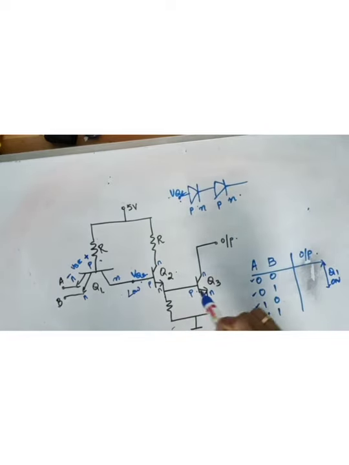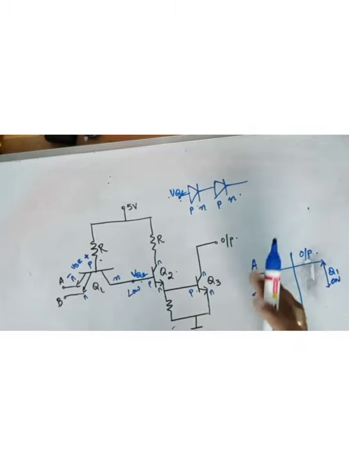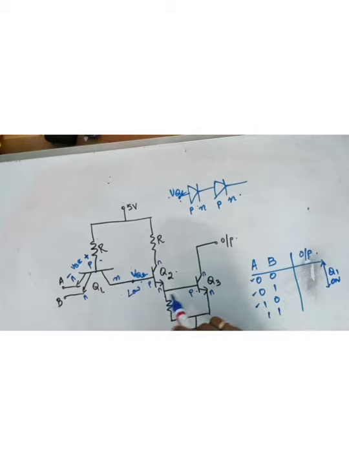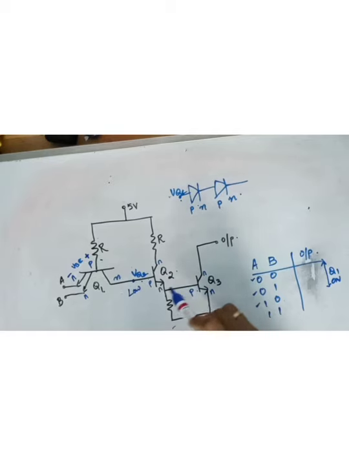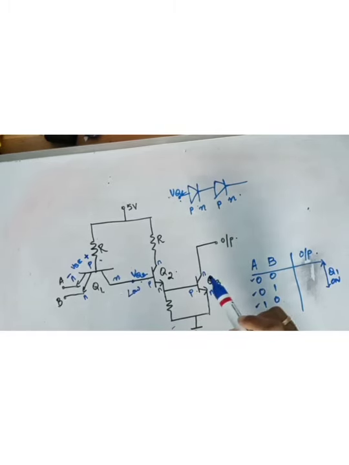So Q2 and Q3 will either both be on at a time, or both be off at a time. Simultaneously, you can't have one of the transistors on and the other off because they are in series. You can't have Q2 on and Q3 off or the other way around because they are connected like this.